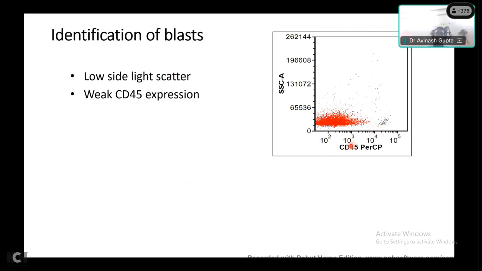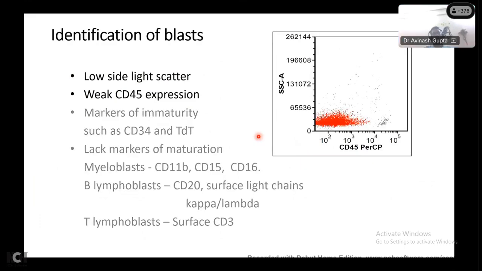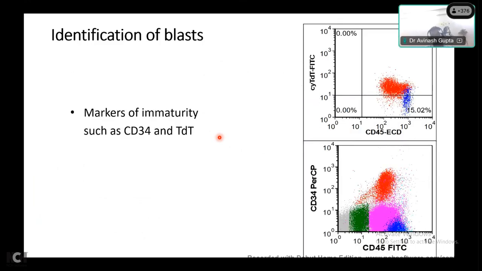These cells usually have low side scatter and CD45 dim. They will lack the markers of maturity and will have markers of immaturity. What are the immaturity markers we are studying, like CD34 and TdT? Expression of CD34 in this red population is your blast population, and similarly the TdT positive population.